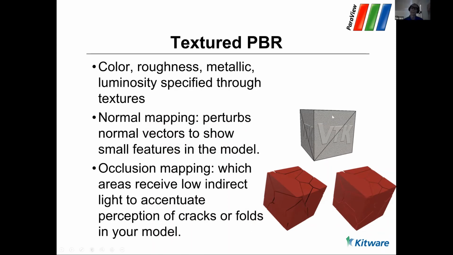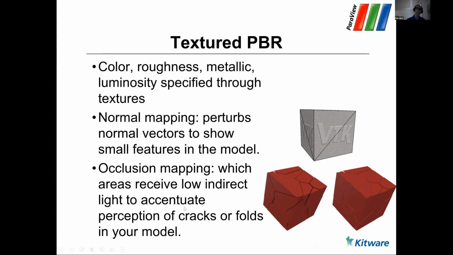This example here is done by using a texture and applying that to normal mapping. So you don't need to use triangles to model this roughness. Or the pattern, the VTK pattern. You can do that with the texture.